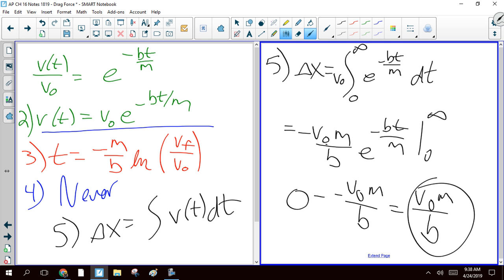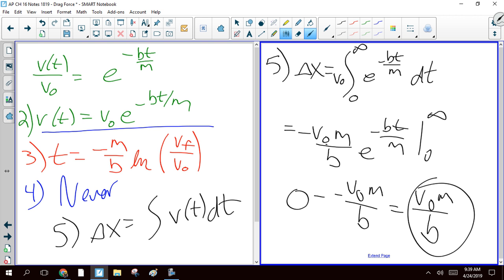The velocity is slowing down faster than time is increasing. That's a crappy sentence, but the idea is the velocity is slowing down very, very quickly, but it never gets to zero.